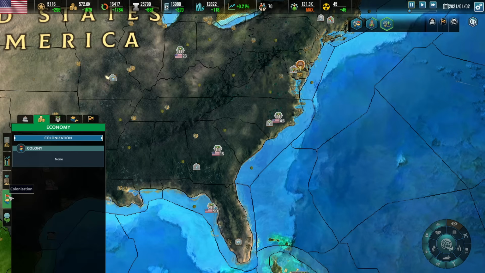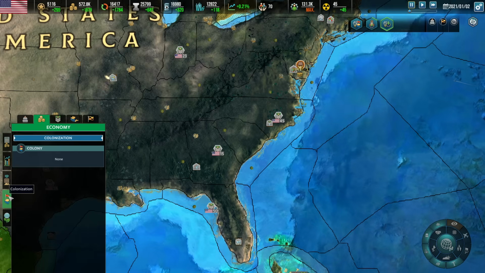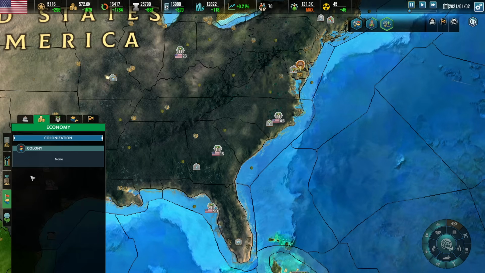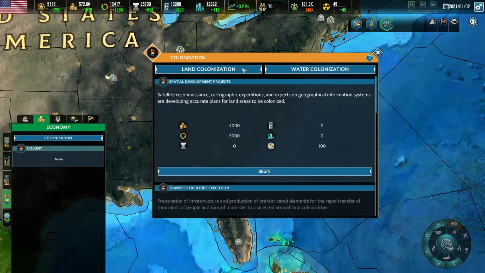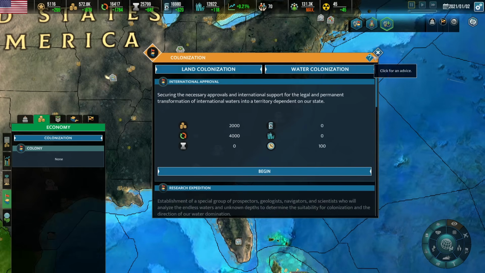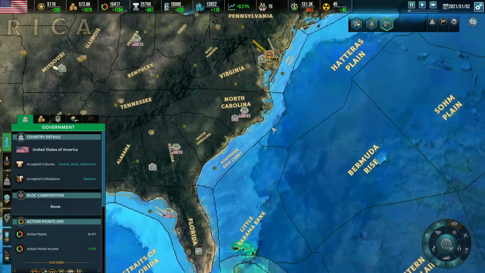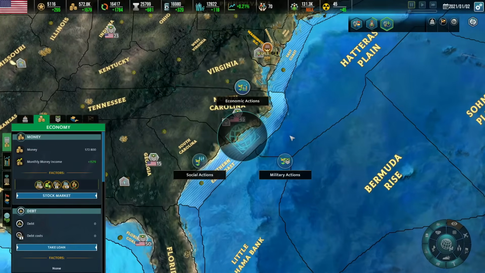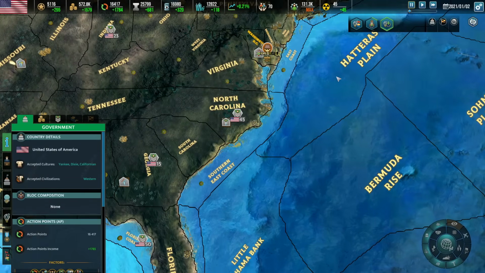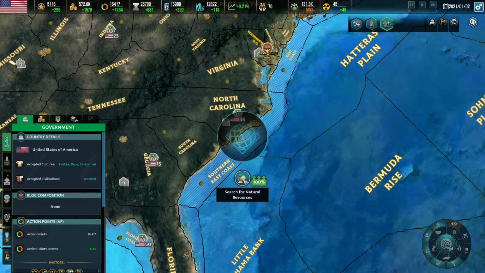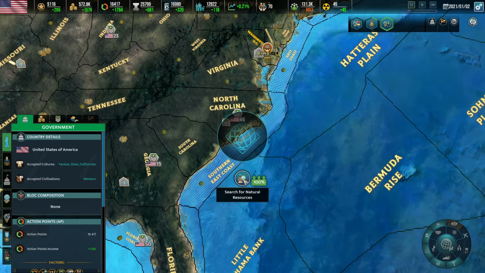Then there is, I suppose, worthy of mention, because it's in this tab, colonization. If you go down either of these tracks, you'll be able to settle land and water locations to get information on them. If you right-click a location, like out here, for example, you can first search it for natural resources to see what it has.